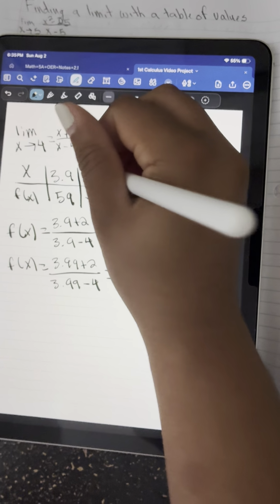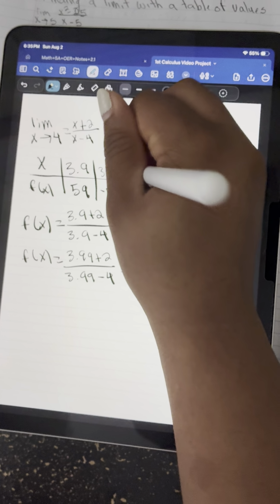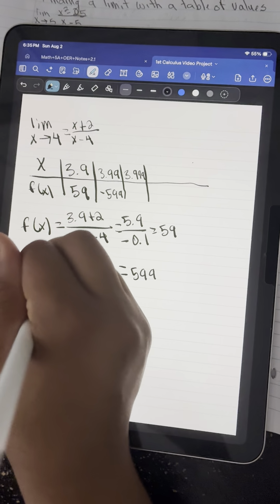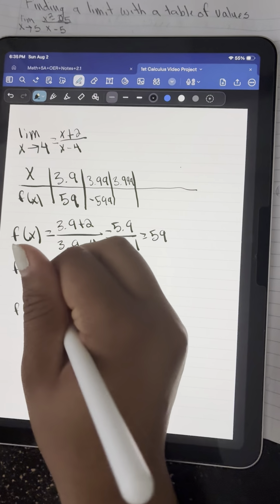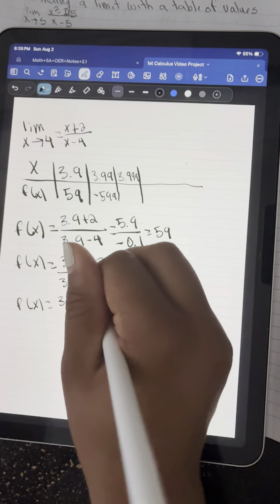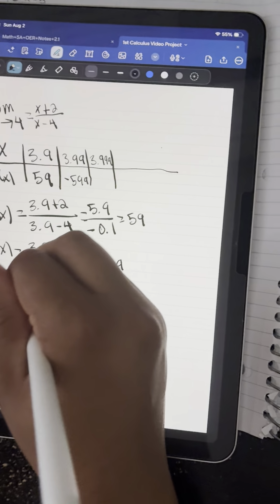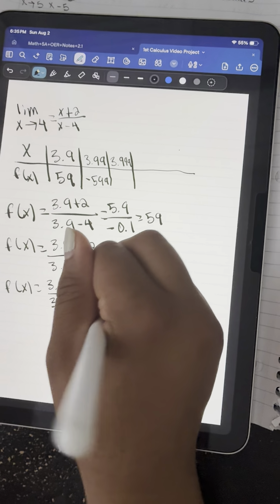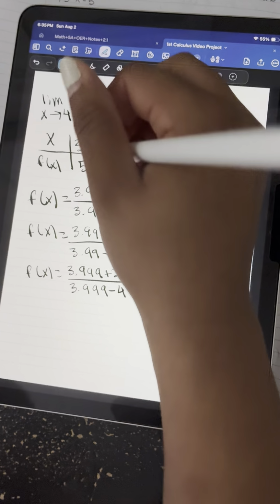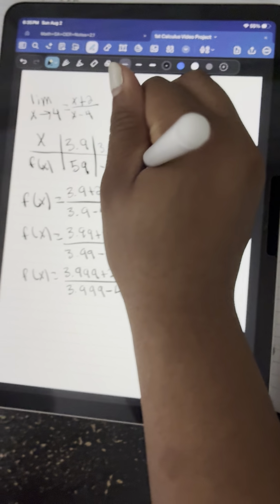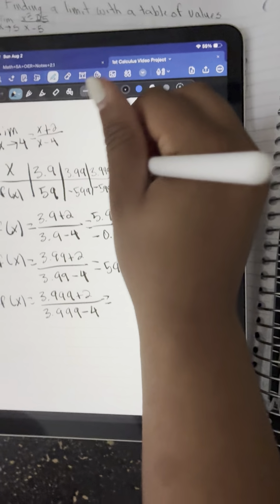The next number I'm going to use is 3.999, plus 2 over 3.999 minus 4, which equals negative 5,999.